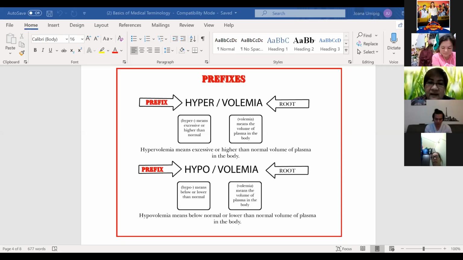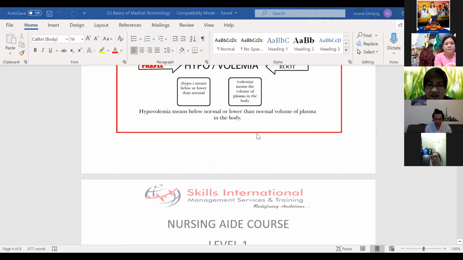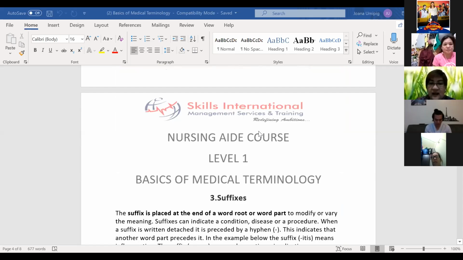Going forward, we have the suffix. When we are talking about the suffix, it is placed at the end of a word root. So this time, we are going to put a suffix after a word root, to modify or vary the meaning.